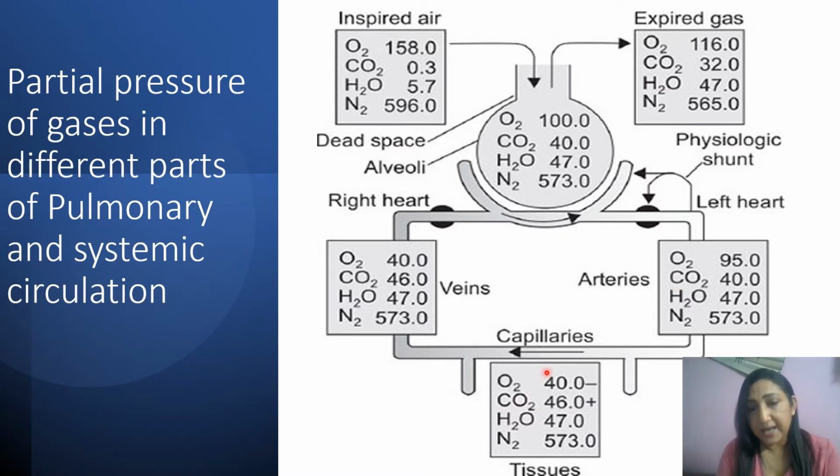So this is carried through the venous circulation, with oxygen 40 and carbon dioxide 46. This again comes to the right heart, from there it is again exchanged, so the cycle continues like this. Now here, the reason for this drop from 100 to 95 is the physiologic shunt, which we are going to discuss next.